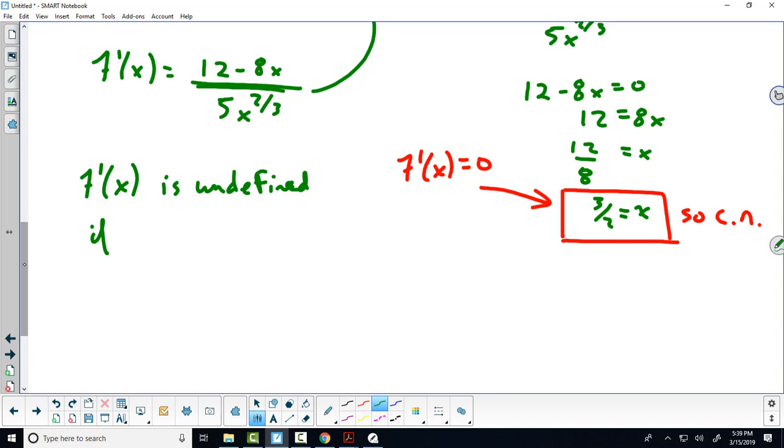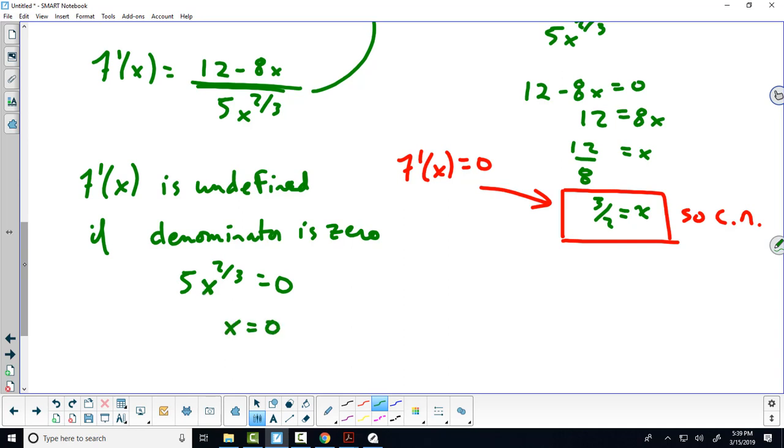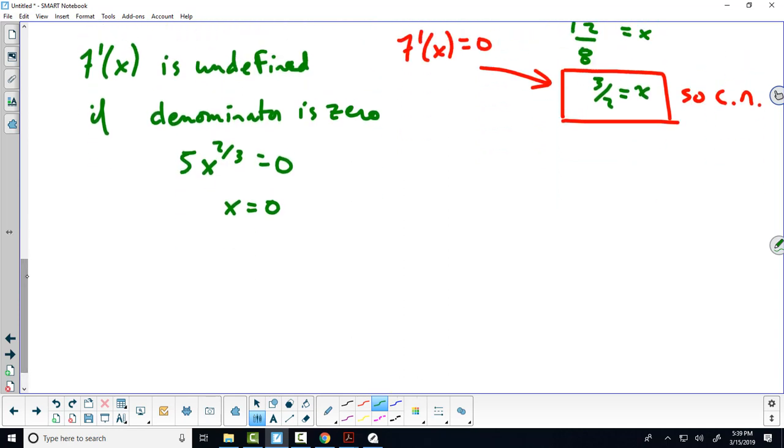If the denominator came out to be 0. So f prime of x is undefined if the denominator is 0. Okay, what's our denominator? Well, it's 5x to the 2/3 equals 0. So I'm not going to do any algebra for this. When is this expression equal to 0? It's equal to 0 if x is equal to 0. Okay? So that means that f prime is undefined if x is equal to 0.